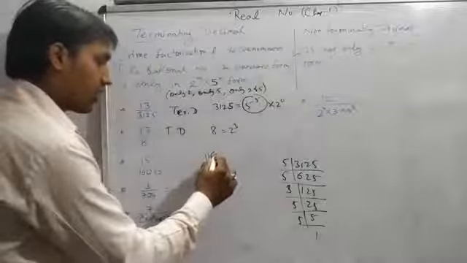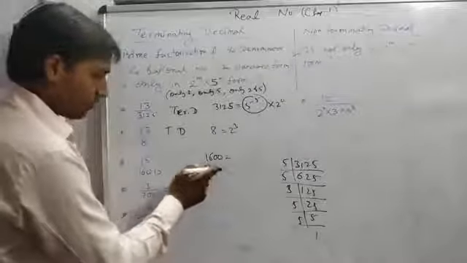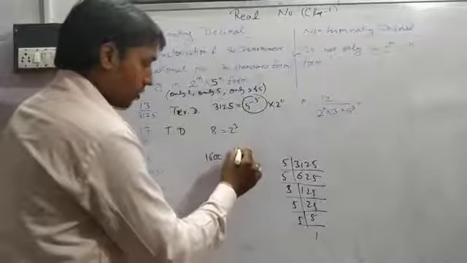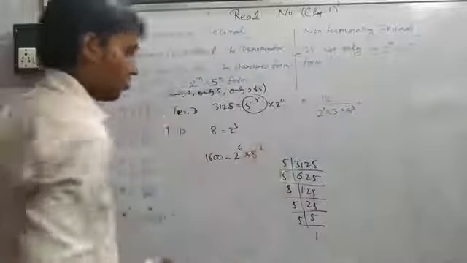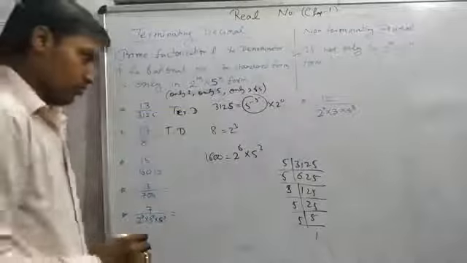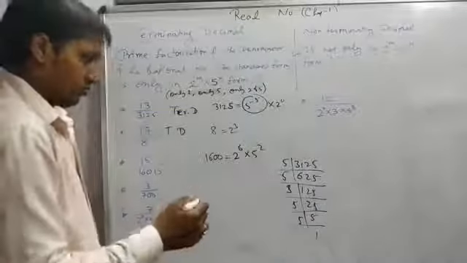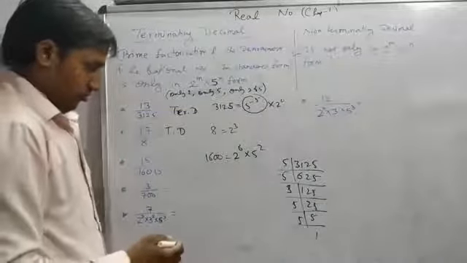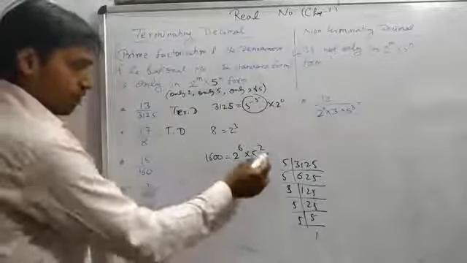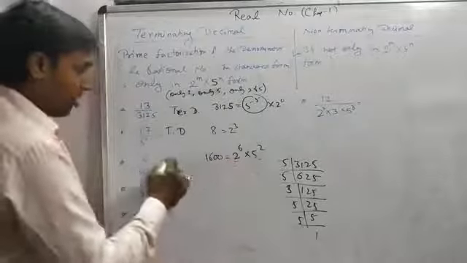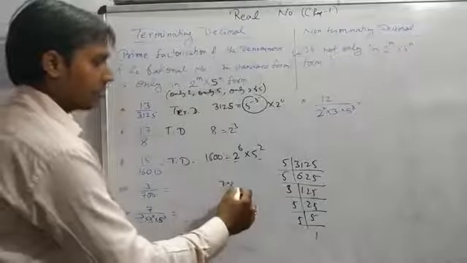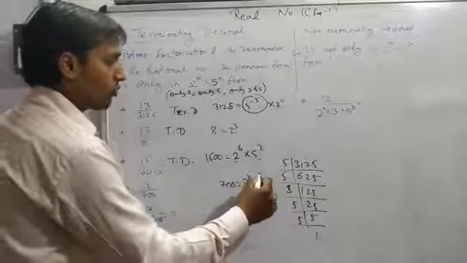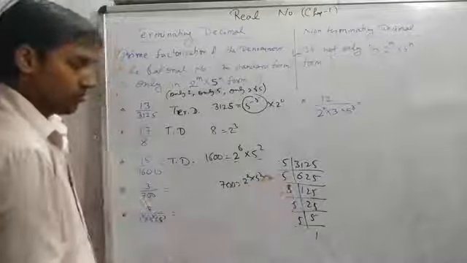Here 1600 we can write as 2 to the power 6 into 5 to the power 2. So 2 and 5 both, only 2 and 5, so it is terminating. Here 700 is 2 to the power 2 into 5 to the power 2 into 7.